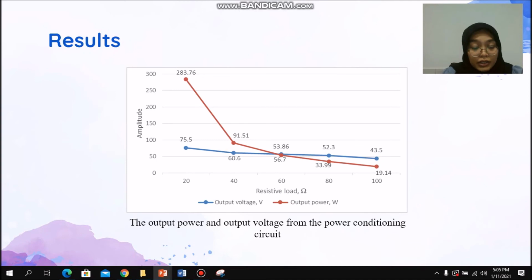According to this data, we can infer that this proposed power conditioning circuit can increase the input voltage of the PCT array model. The ratio of the output voltage to the input voltage is simplified to 2:1. This shows that the power conditioning circuit can boost the input voltage 2 times.